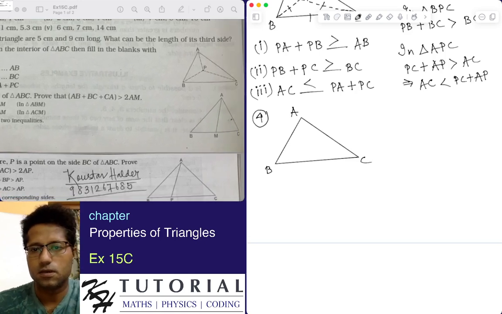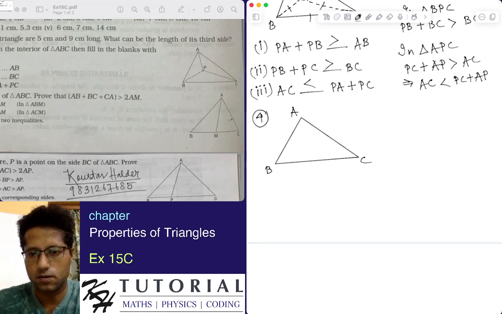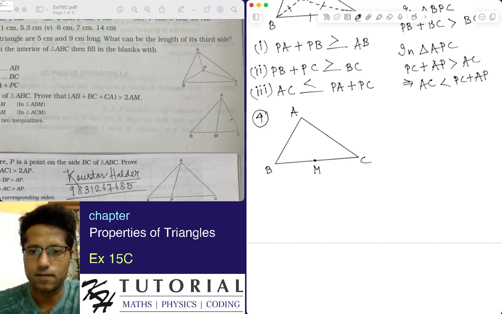The median from the vertex A is the line that bisects the side BC equally. So M is the midpoint of the line segment BC, and AM is the median.